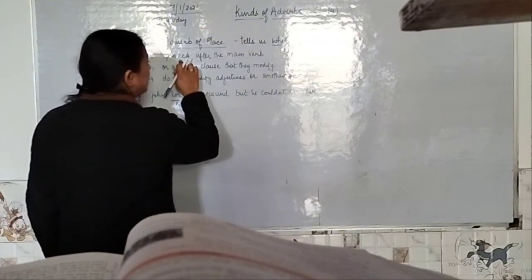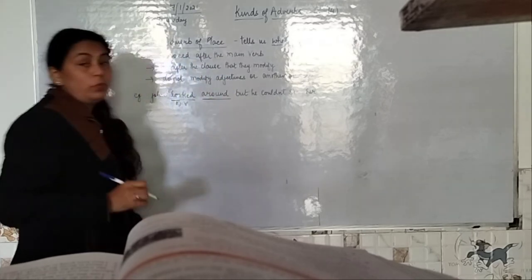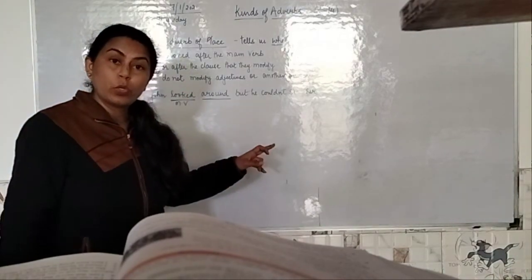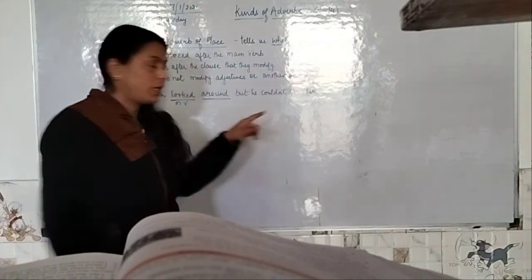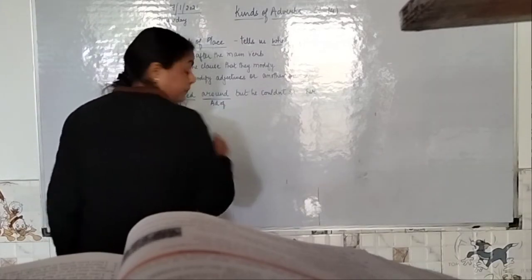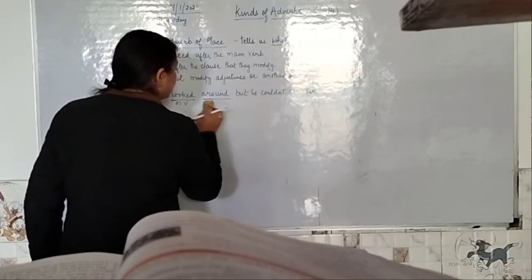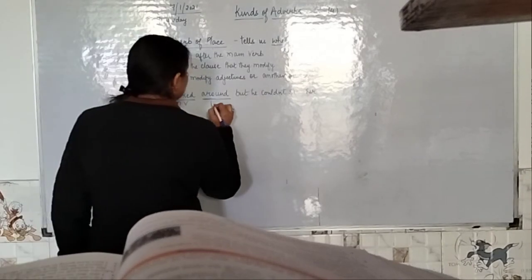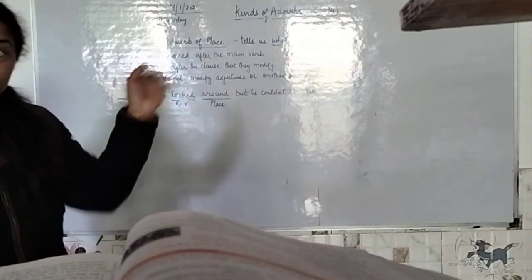After the main verb, looked around. So you will ask yourself, where did John look? John looked around, चारों तरफ उसने देखा. So this is the adverb here, adverb of place. You just write down adverb of place. It is telling you about the place where he looked around.